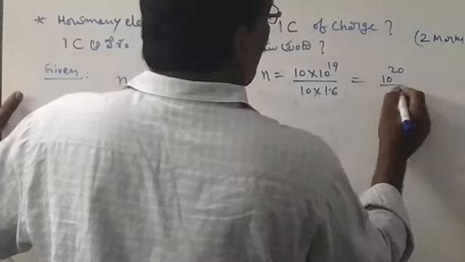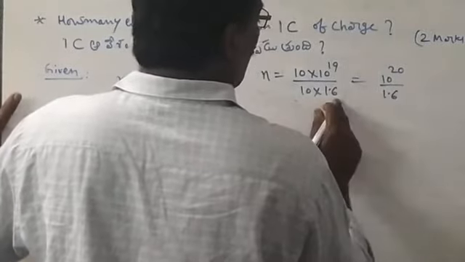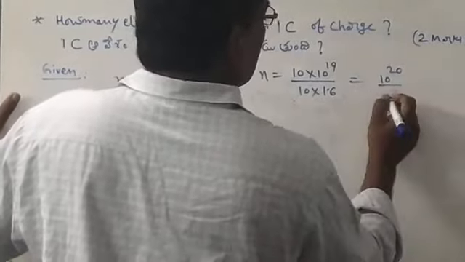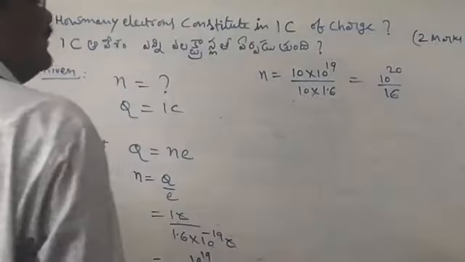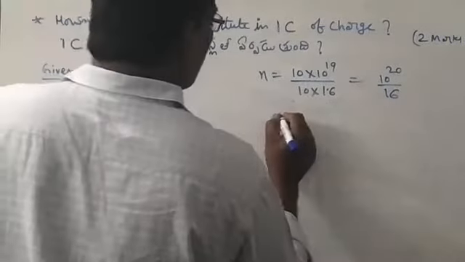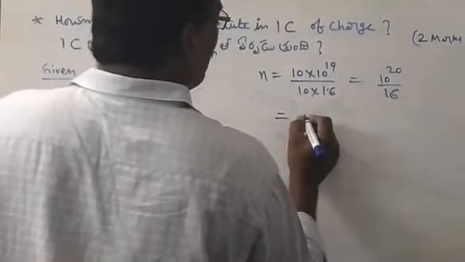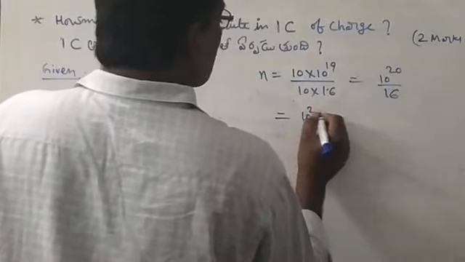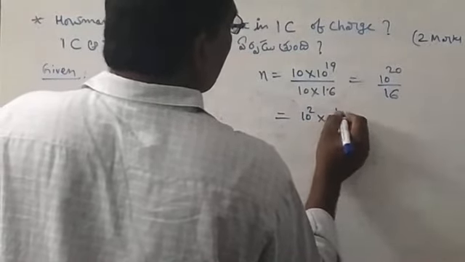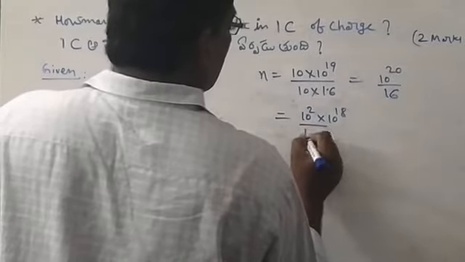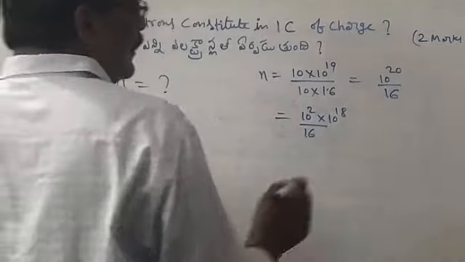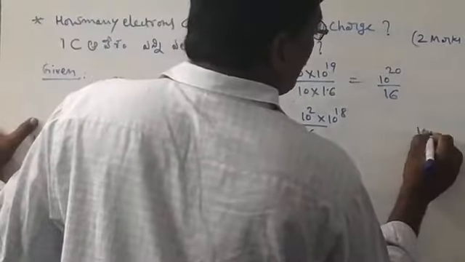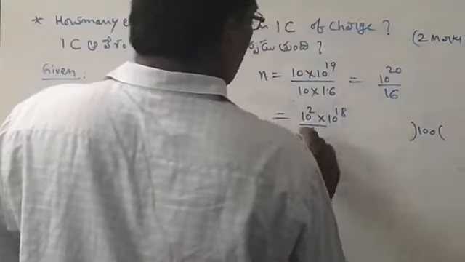10 power 20 means 10 square into 10 power 18, divided by 16. 10 square means 100. So we need 100 by 16.